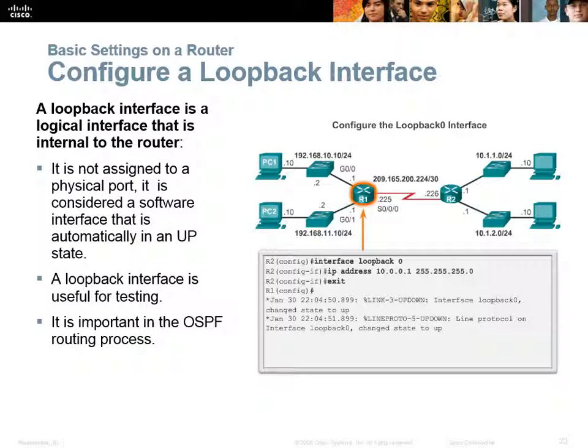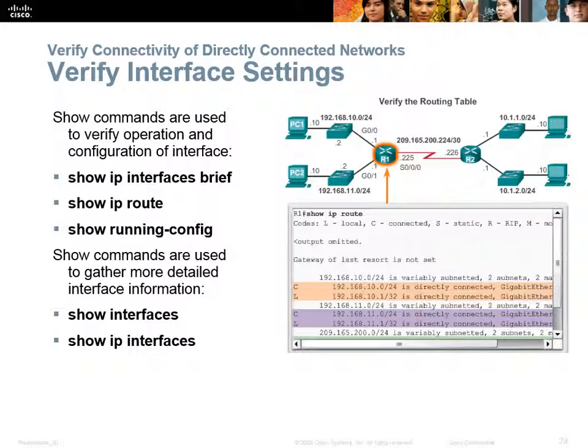Okay? Your loopback address. What is the loopback address? It's a test address. Okay? Again, loopback is int loop 0. Once you do that, you'll see the C and the L, L being your loopback address.